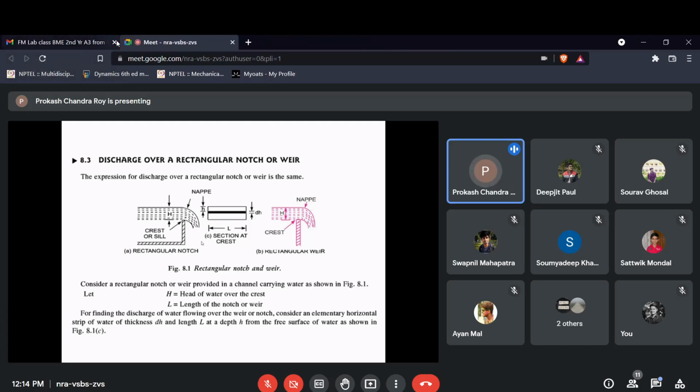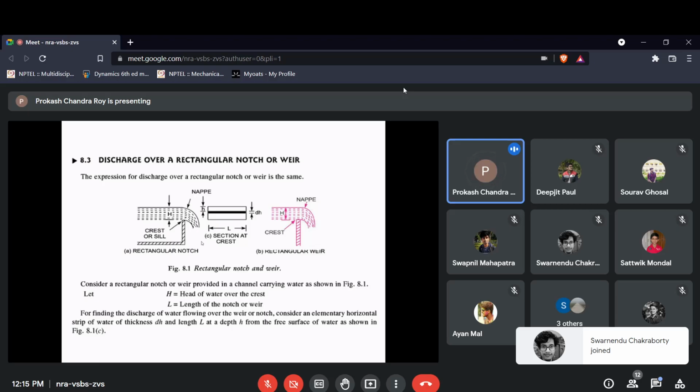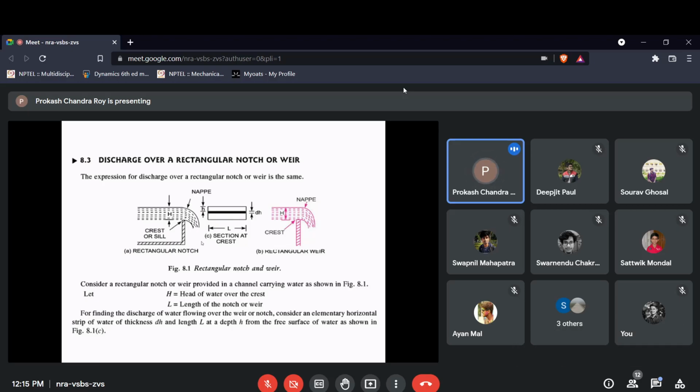Discharge is nothing but area into velocity. Area means the flow area, and velocity is mostly the average velocity. You know that flow through pipes is basically A into V, the volume flow rate in the form of meter cube per second. But in that case, we consider the velocity to be the average velocity.